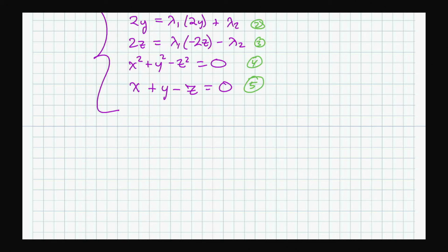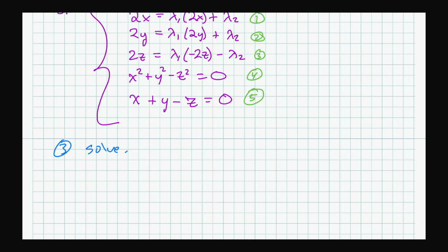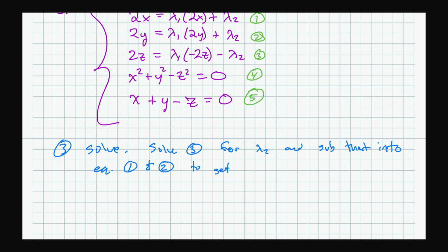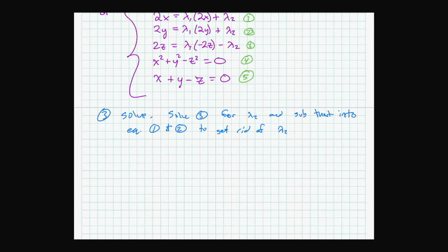All right, so we're going to solve 3 for lambda 2, and then substitute that in equations 1 and 2, and then we'll get rid of lambda 2 that way. Okay, so that's our first mission. So solve 3 for lambda 2.